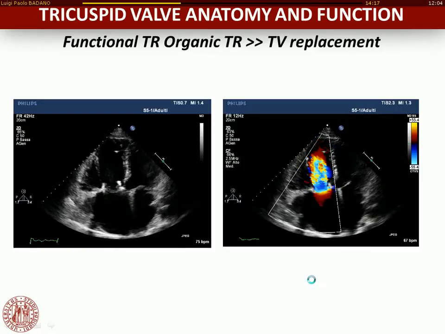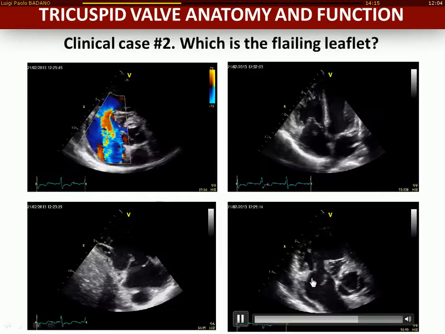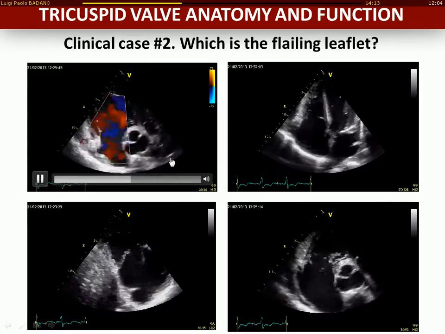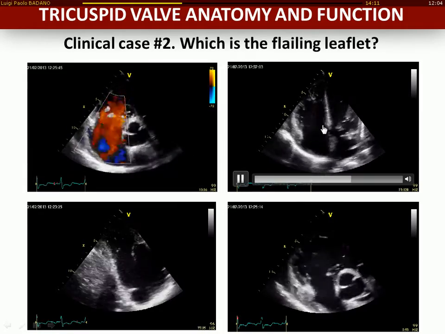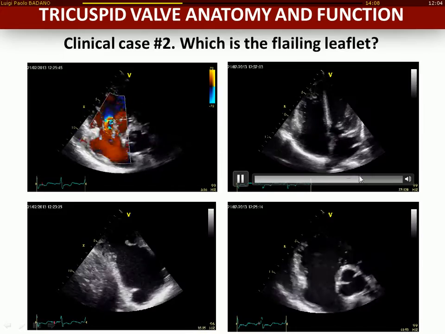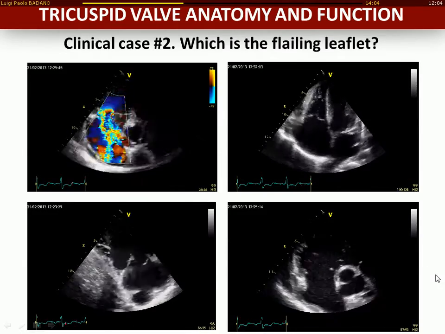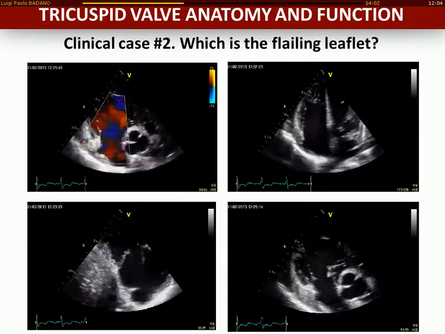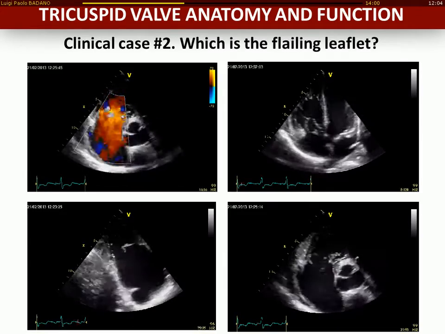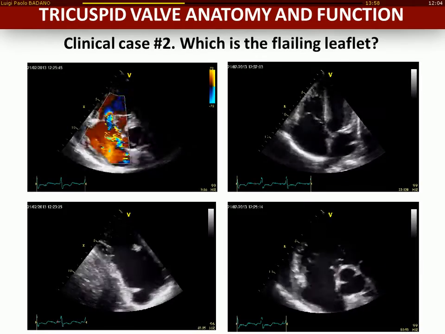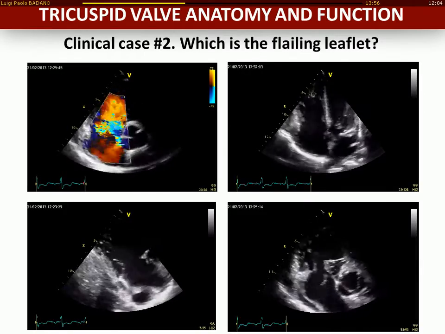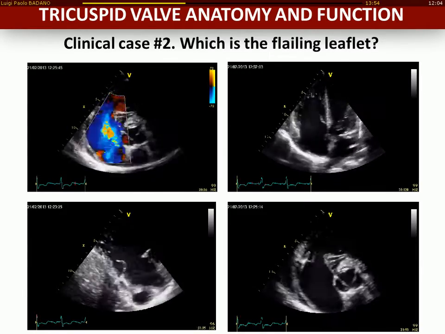In other cases, very short, this is a severe tricuspid regurgitation. There is something obviously that is going wrong with this valve. But if I ask the audience which is the flailing leaflet, probably I have a split of the audience in 3. One third for the septal, one third for the anterior, and one third for the posterior.